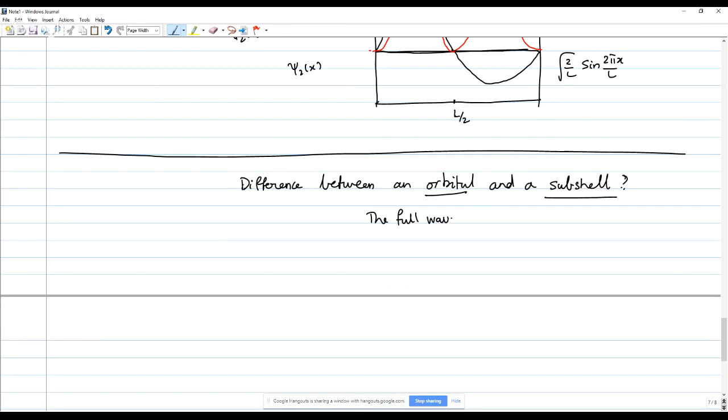Okay, if you are referring to, say, hydrogen atom, by a subshell, you probably had something in mind. What is 2px? What is 2py? What is 2pz? If you think about 2p as a subshell for the principal quantum number 2, if that's what you mean, then I must tell you that every subshell, the way it is written, is indeed an orbital.